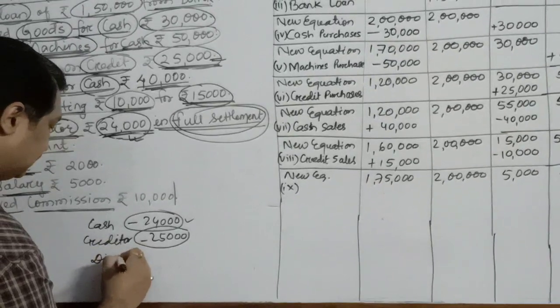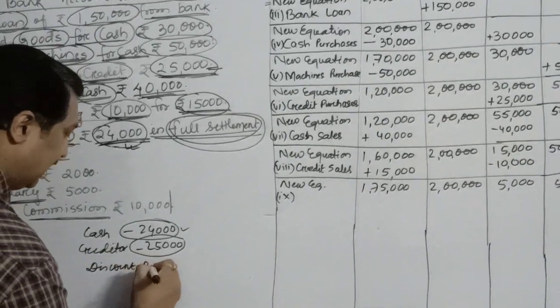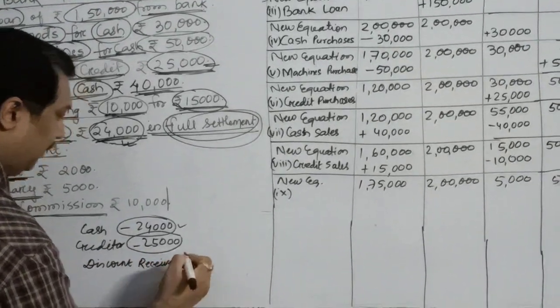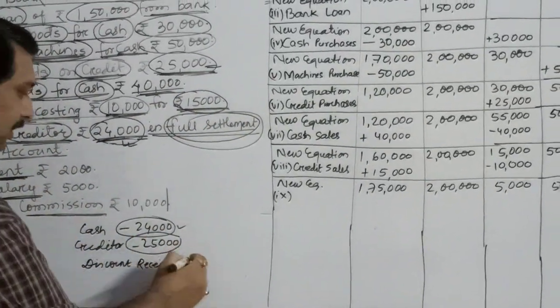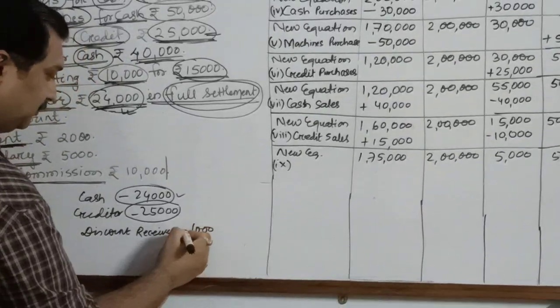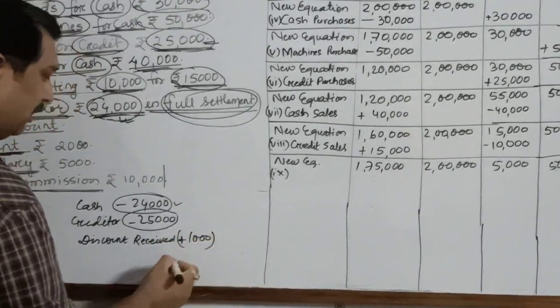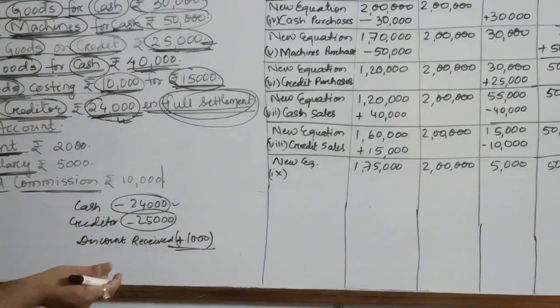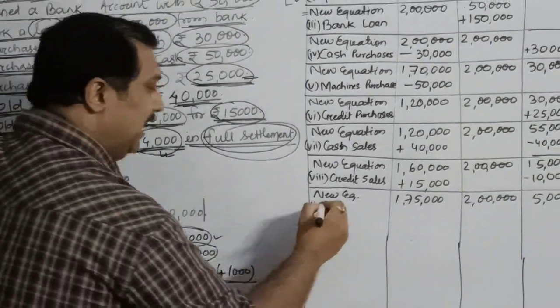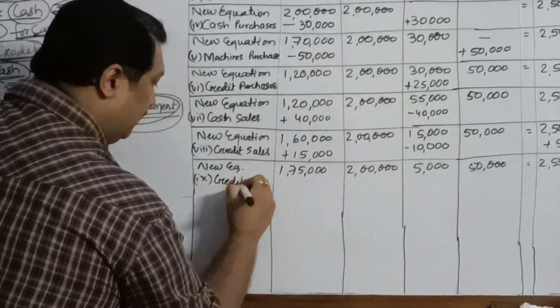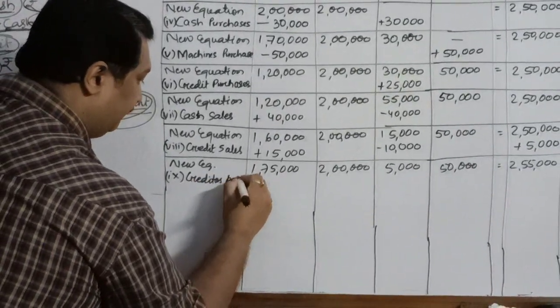So once again, that means I have got a discount. Discount has been received because my creditor has allowed me the discount. The discount is rupees 1,000. Since I have received the discount, it is profit for me. I had to pay more, I have paid less. So I will write over here, creditors paid.